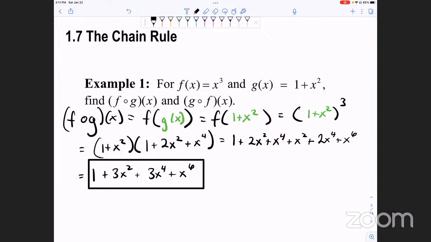Now that was f compose g. Now let's find g compose f. If we reverse the order, second function inside the first, that's going to be g of f of x. I usually do f of x in this color. G of, now f of x is x cubed.